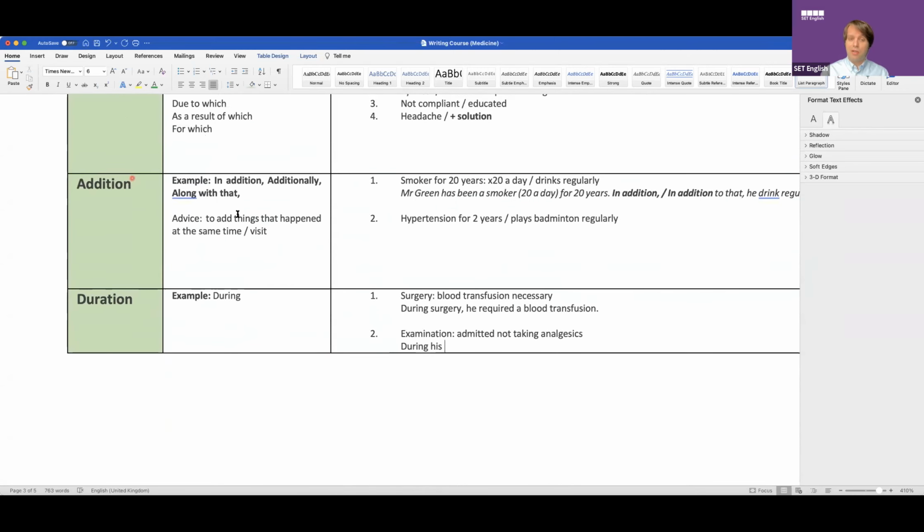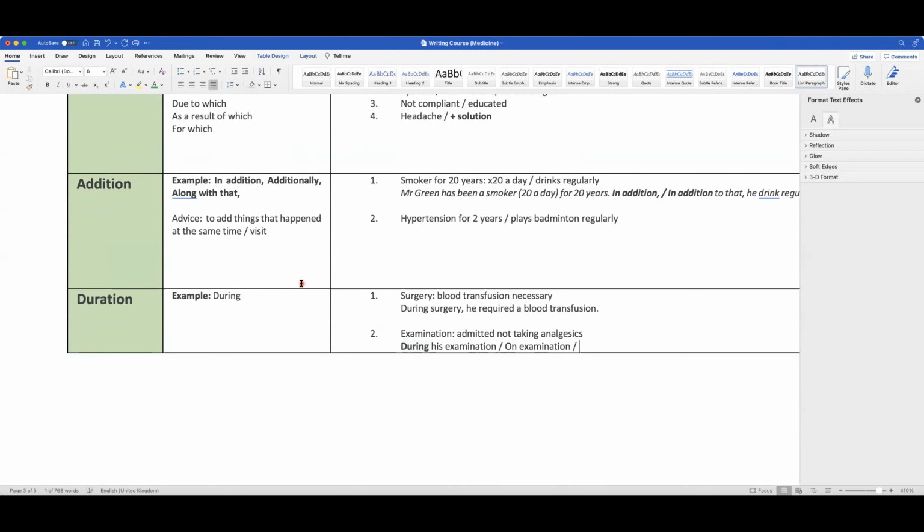During his examination, though. Can we say on his examination? Can we say upon his examination? Upon, no, that doesn't sound right. So just during. I like during better.